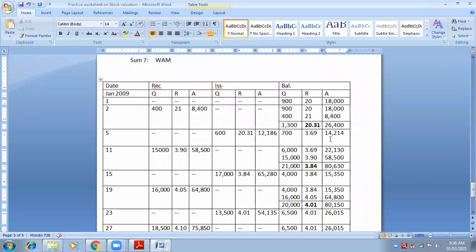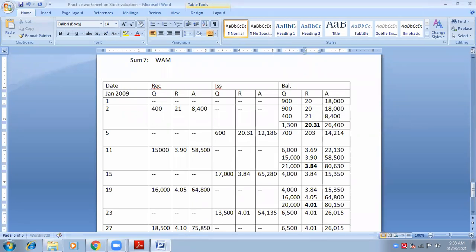Now 14,214 divided by 700. So how much is the rate? Come on, quickly. What is the rate? How do you have to find out? 14,214 divided by 700. 20.31.